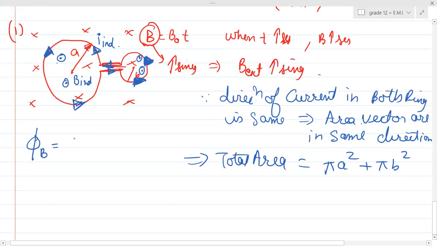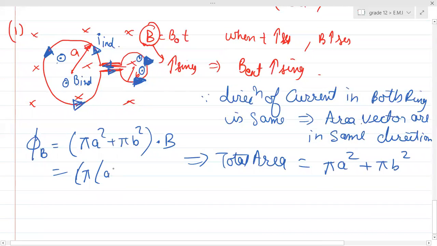So B is basically B naught into t, and the total area is pi a square plus pi b square, multiplied by t. This is your phi B.